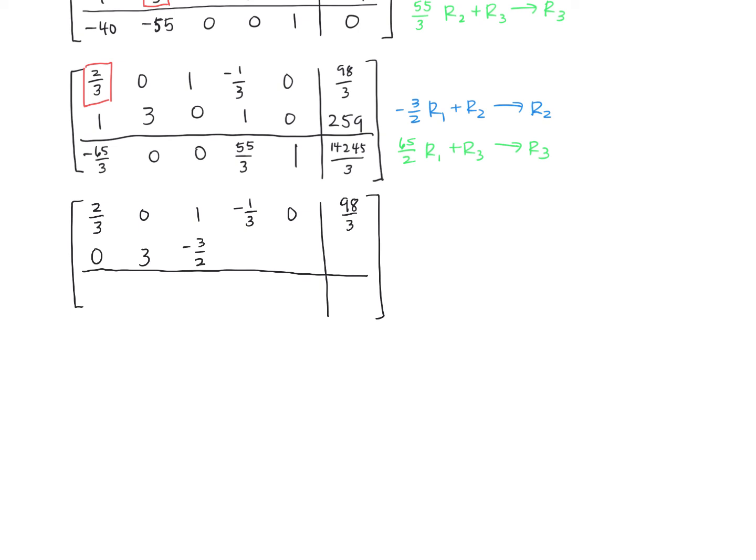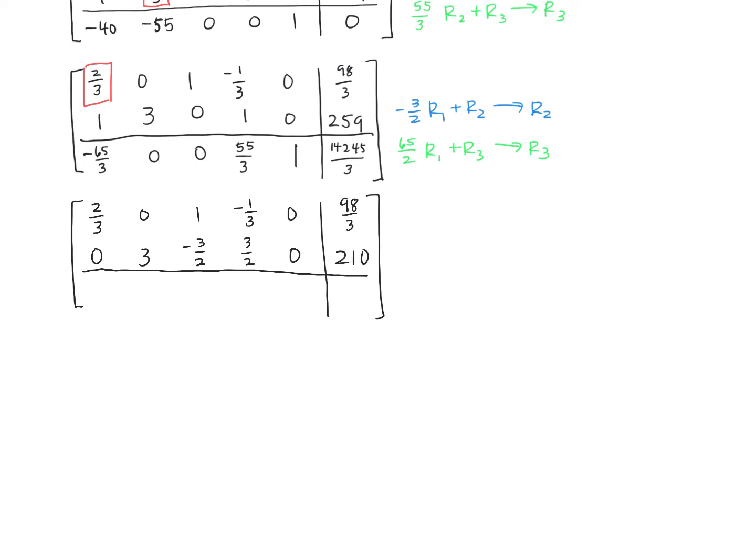Negative 3/2 times negative 1/3 will be positive 1/2 plus 1 is 3/2. 0 plus 0 is 0. We have 98 thirds times negative 3/2. That's going to be negative 49 plus the 259.